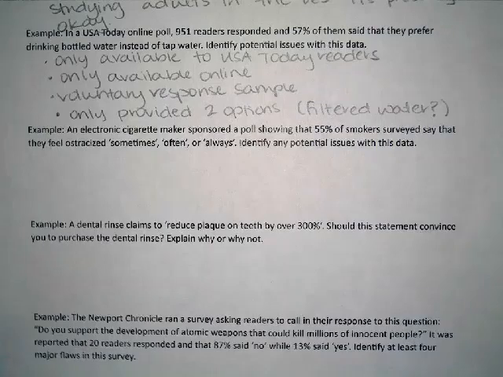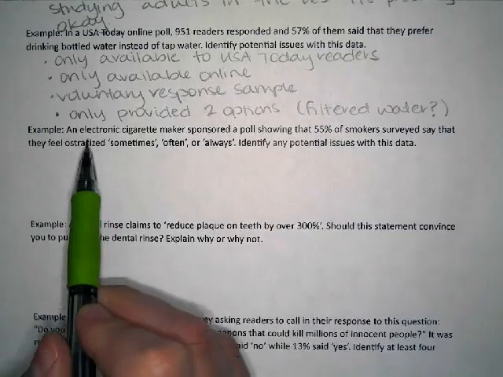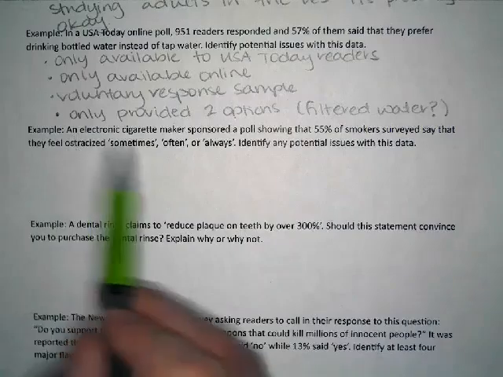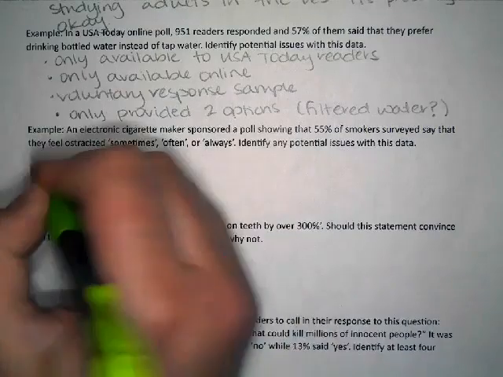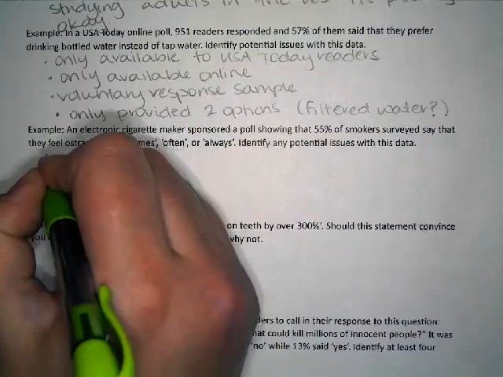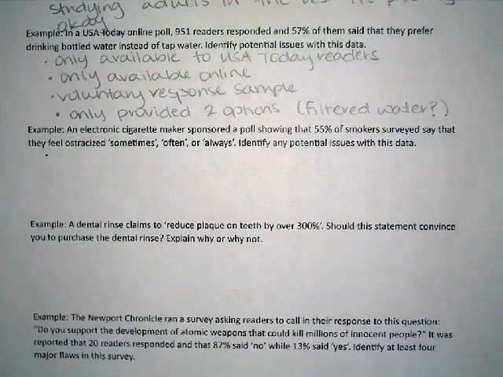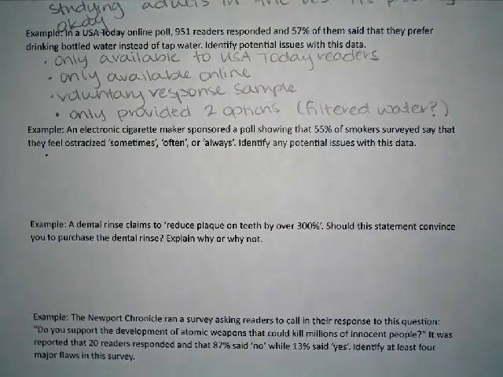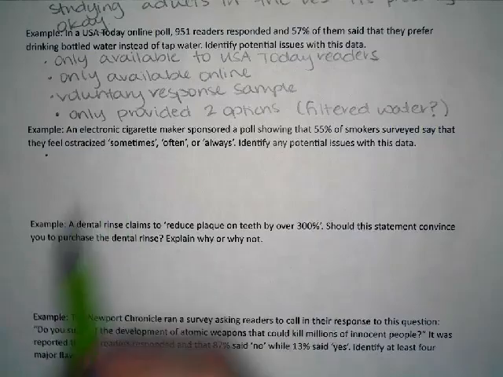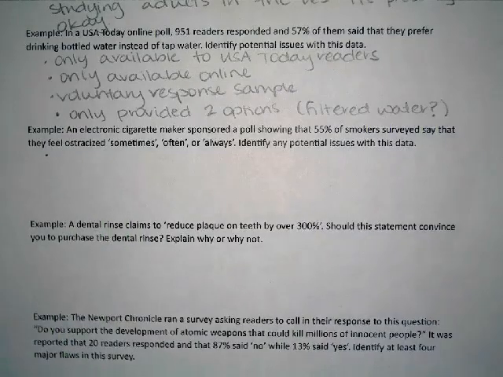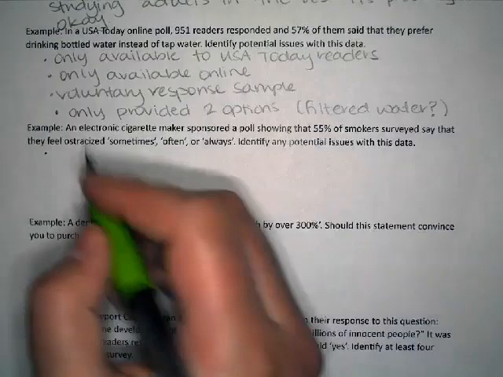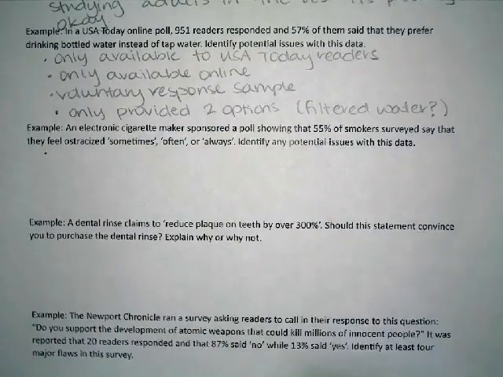Okay, so you might have noticed that this is sponsored by a company, so that's generally speaking, a red flag. If it's sponsored by a company, especially a company that's going to be interested in the outcome specifically. So electronic cigarette maker polling smokers, clearly a direct correlation or a direct connection there. So that's something that we'd be interested in.